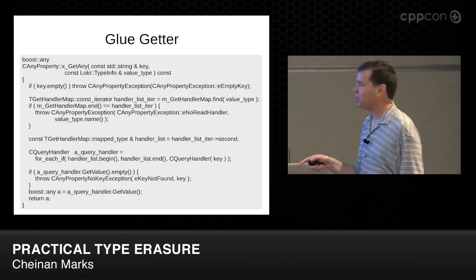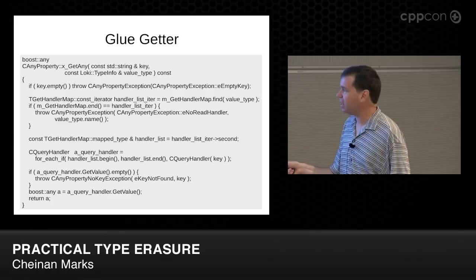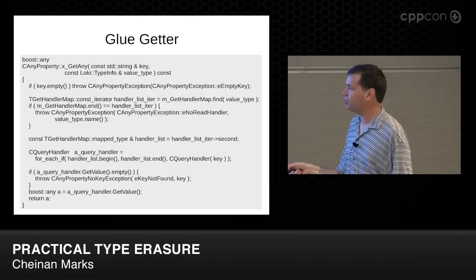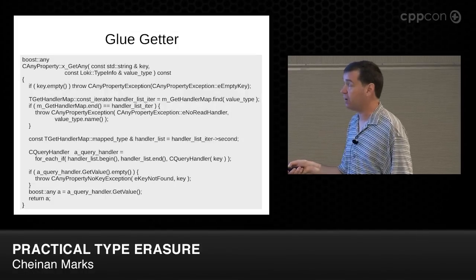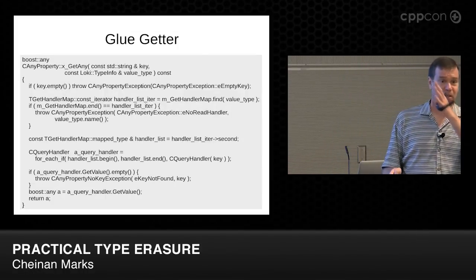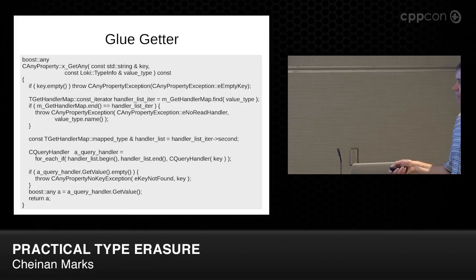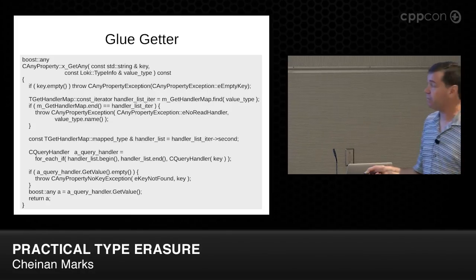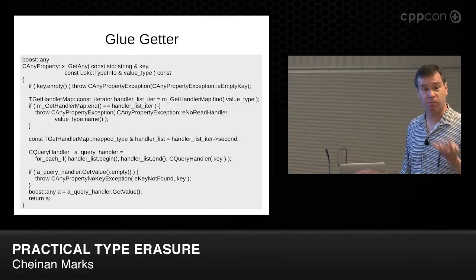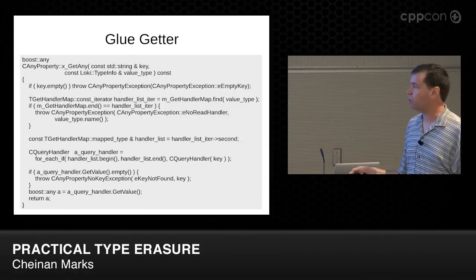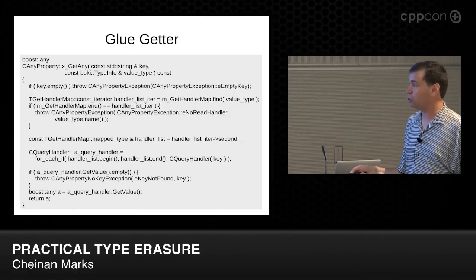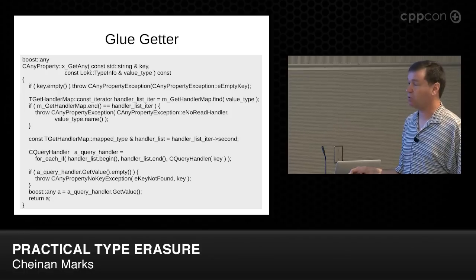In that way, I can then check, is there a value in the functor? Now, if there is no value in the functor, that means all of the handlers failed. So if that's the case, then I don't have that key. That key is not found anywhere, and an exception gets thrown. But if the value was found, it's going to be in the form of a boost any, and I am going to get that value and put it into a boost any, which I'm going to then return.